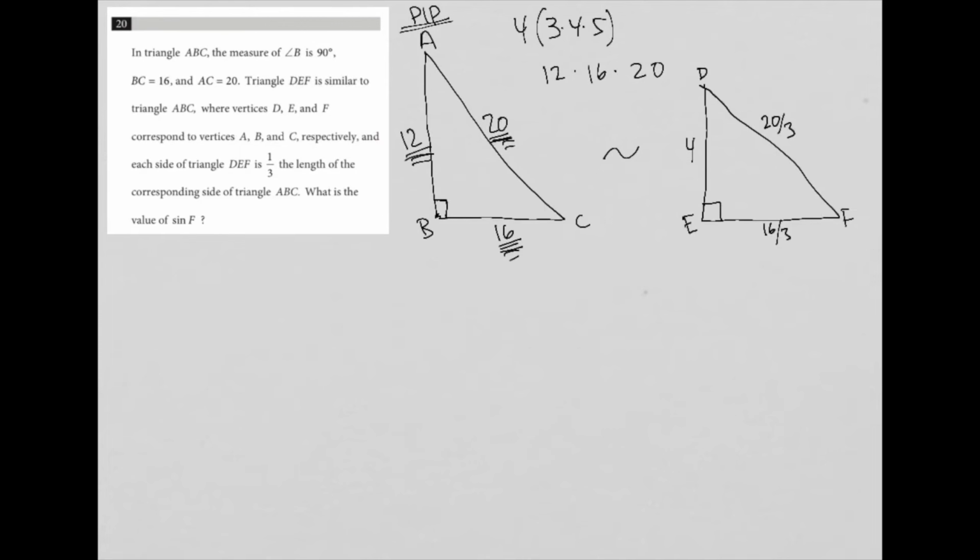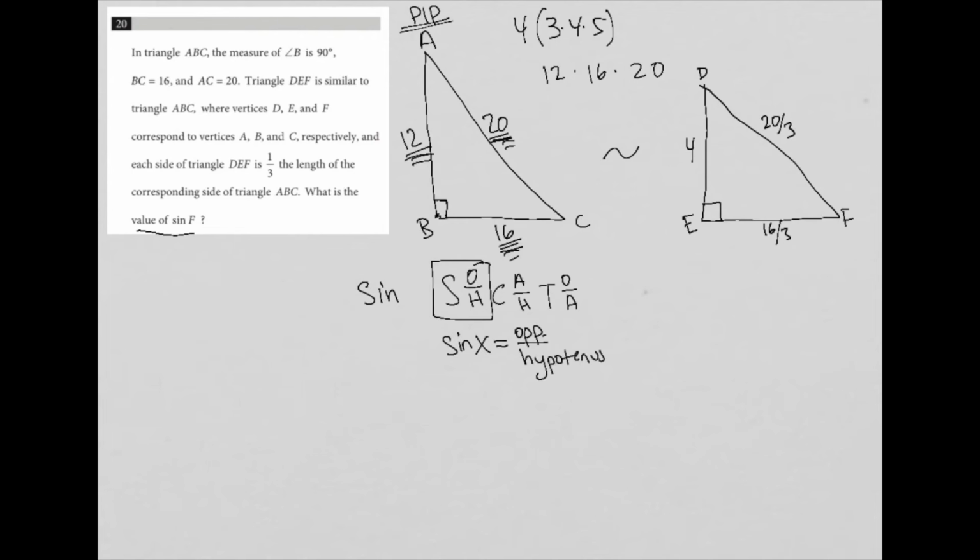So then the question goes on to say, what is the value of sine F? Okay, well, as soon as I see sine anything, I think about SOHCAHTOA, right? SOH CAH TOA, where in this case, we just want to focus on the sine part, and that just means that the sine of whatever angle you're focused on, so let's call it X for now, the sine of X is equal to the opposite side of that angle divided by the hypotenuse of the right triangle.